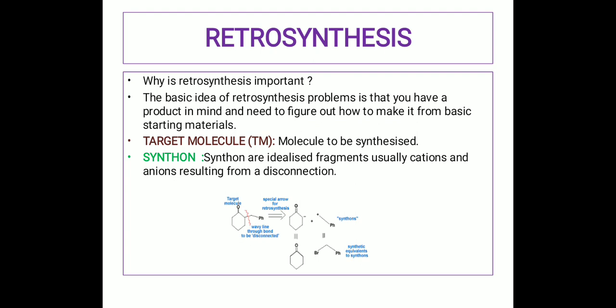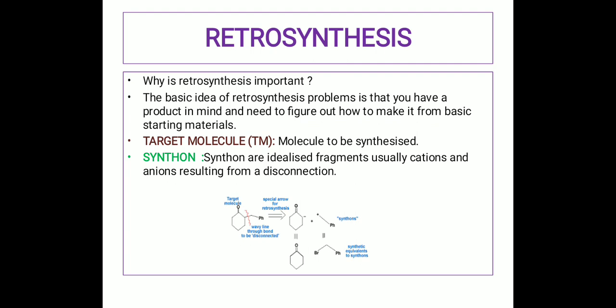So when we disconnect in such a way, the next step is to write down the retrosynthetic arrow. The retrosynthetic arrow is necessary to indicate that we are conducting the disconnection and writing the retrosynthesis for this particular target molecule. Now the next step is we are going to write down the fragments.